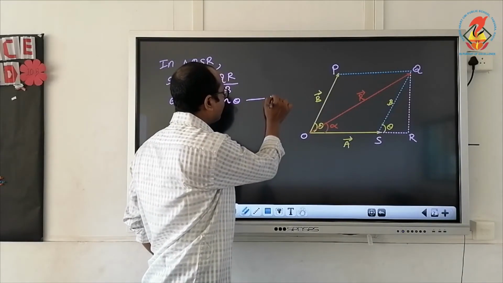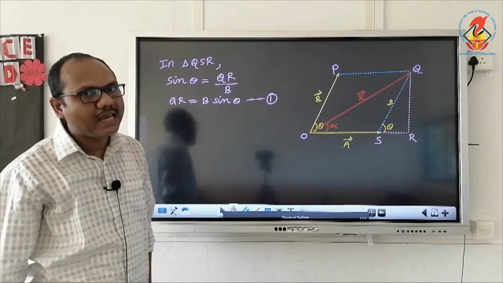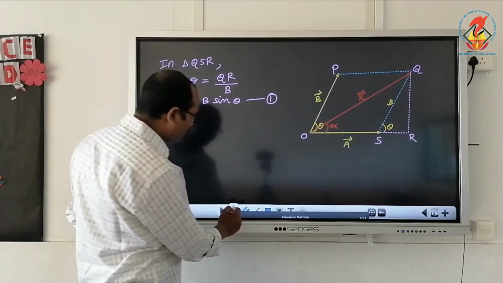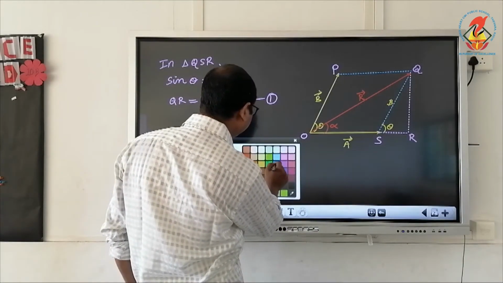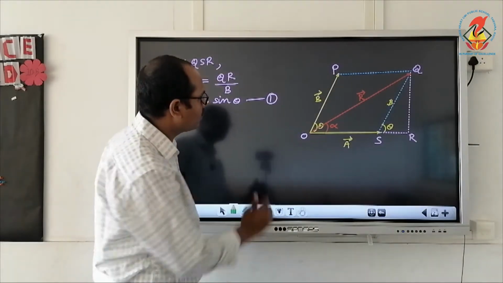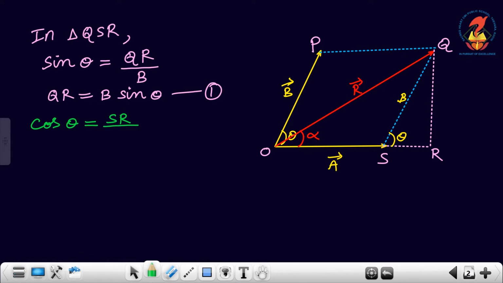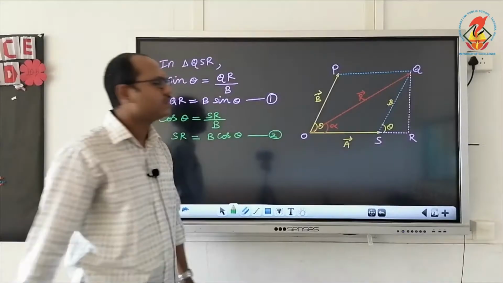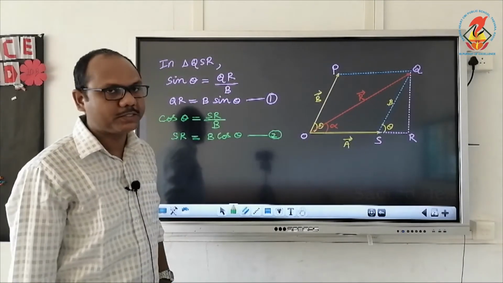Let this be equation 1. From the same triangle, what is cos theta? Cos theta is equal to adjacent side by hypotenuse, so SR by B. So from here SR is equal to B cos theta. Let this be equation 2. So I got two equations.